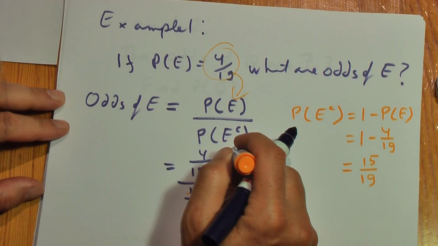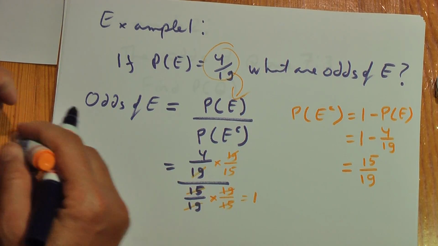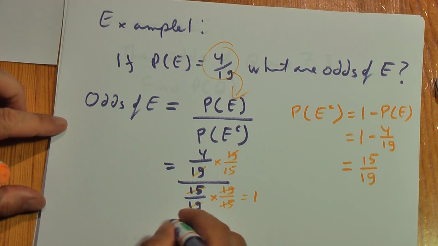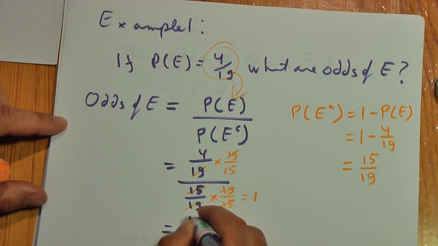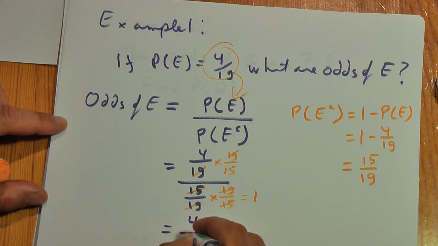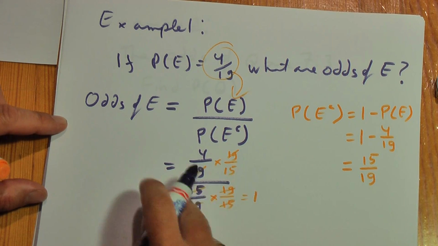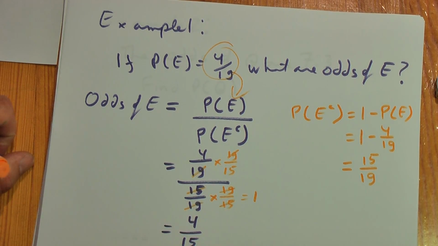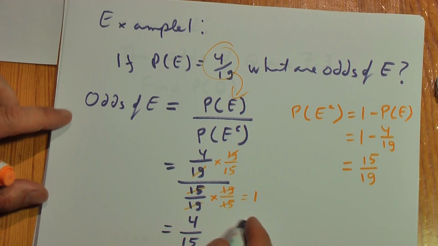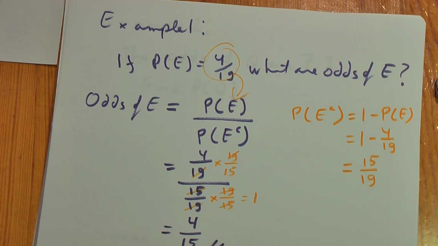Oh, sorry, the 19s cancel out here as well. And so I get 4 over 15, all over 1, but that 1 in the denominator disappears. And that is how I get 4 out of 15.